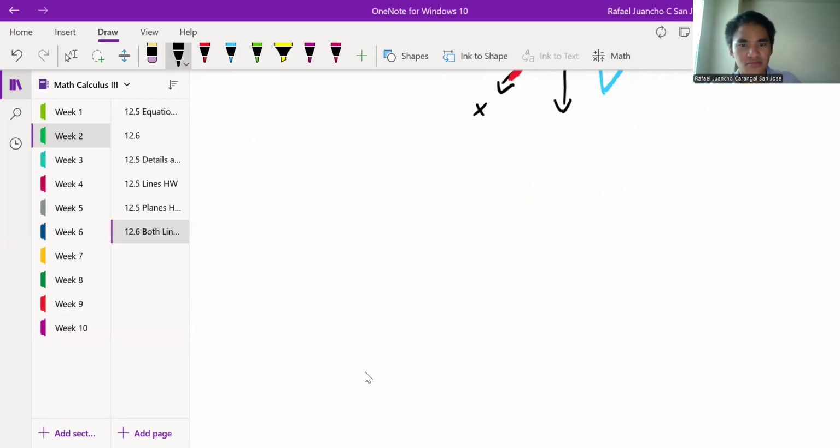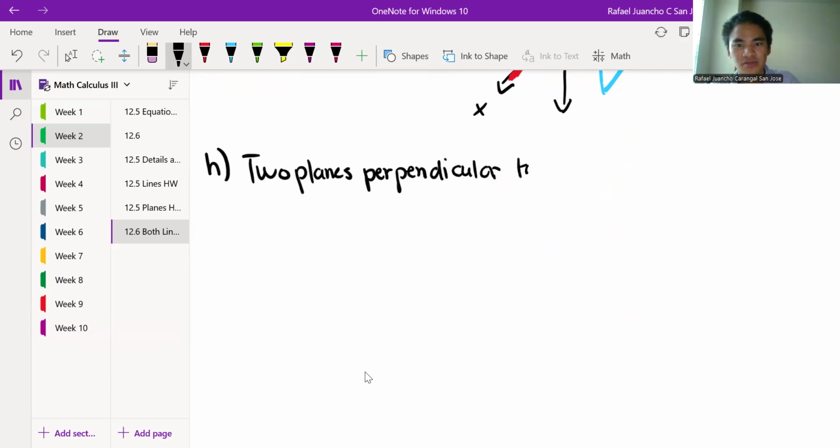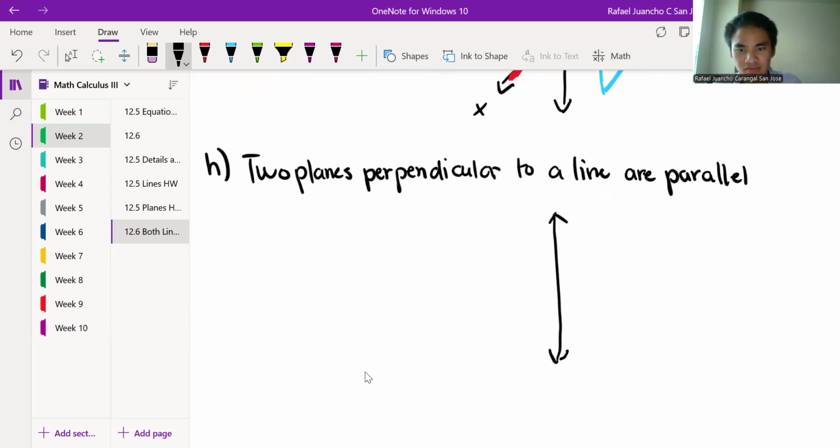Okay, next. Planes perpendicular to a line are parallel. So we have two planes, and they're perpendicular to a line, but are they parallel? Well, let's find out.